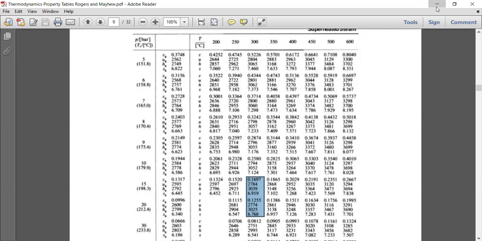Property tables. Okay, what else? Today's lecture, property tables. And do you need the lecture notes? You have to look for that.